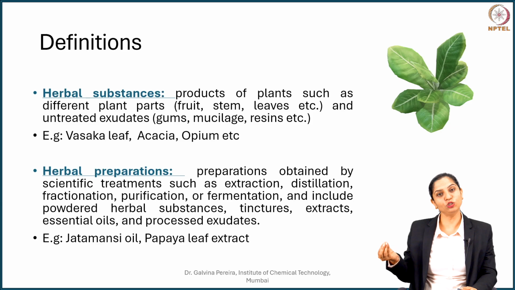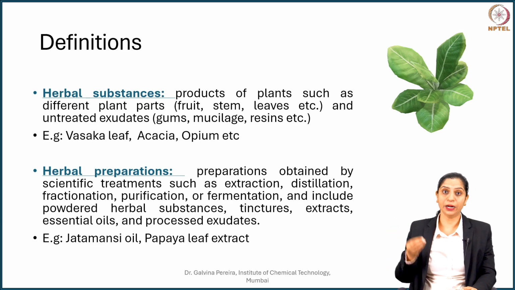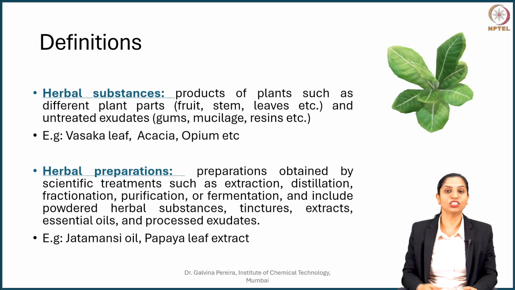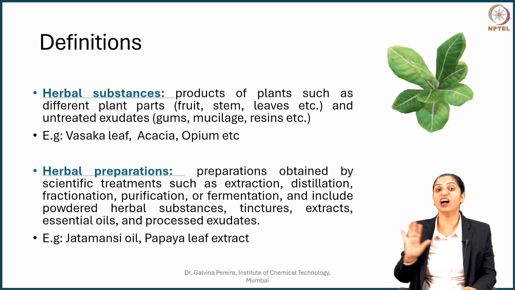This includes your juices, exudates, resins, volatile oils, or even certain unprocessed products such as your gums and mucilages. So, this includes plant parts as well as untreated products such as exudates, gums, mucilages, or even resins which come out of the plant and are kept untreated.